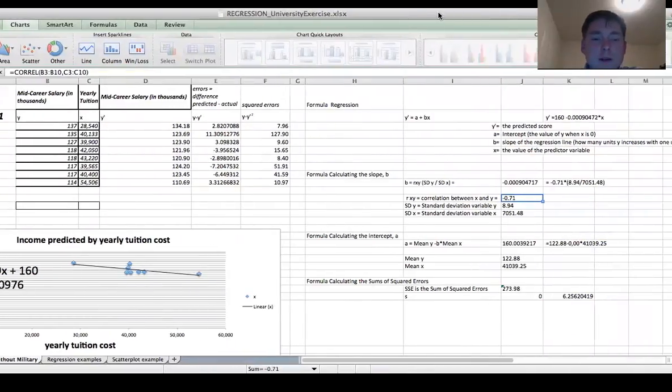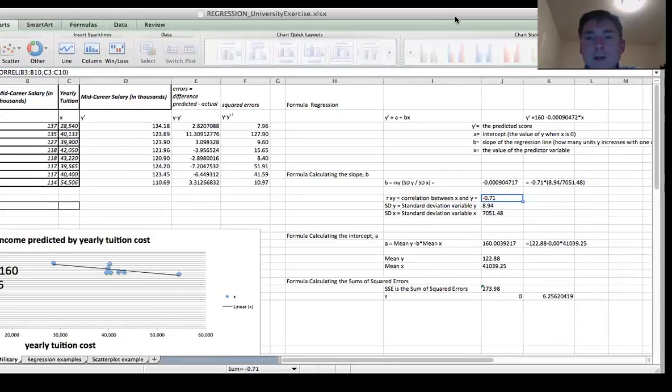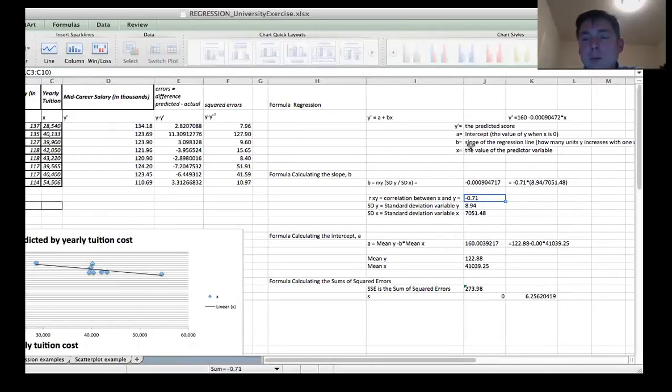So the metrics are kind of confusing, because if you look at the beta, the slope depends on the metric. What this slope here is telling us, that's an unstandardized slope. It tells us if you pay $1 more in tuition, you actually make $0.009 less in income.